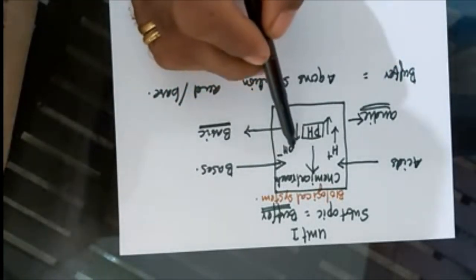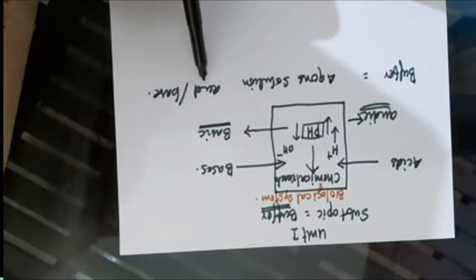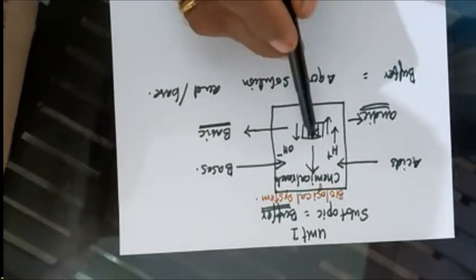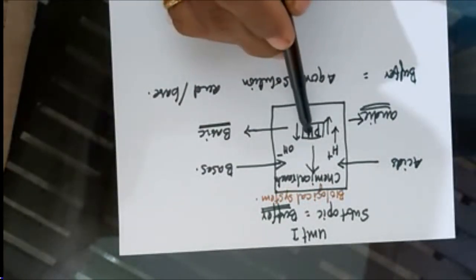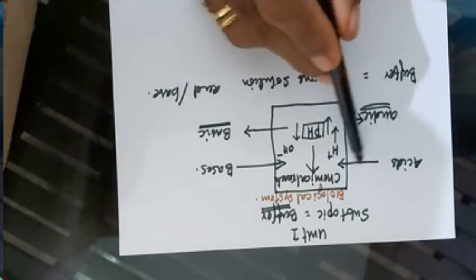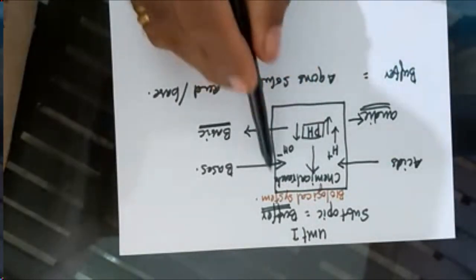Clear? So once again, a buffer is an aqueous solution or an acid base balancing solution capable of resisting any pH change, decrease or increase, when acid or base is added to this system.